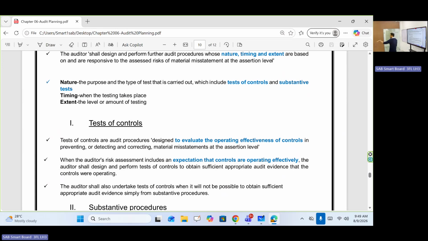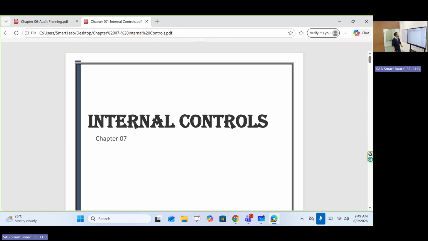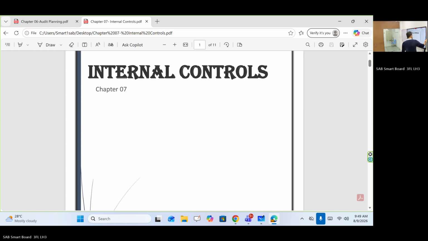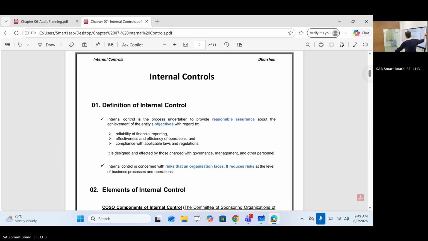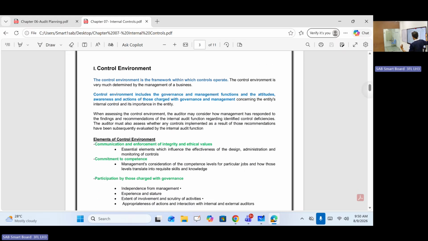You have chapter 7, internal control. This internal control, we have discussed in the same notes, the control environment and these things.